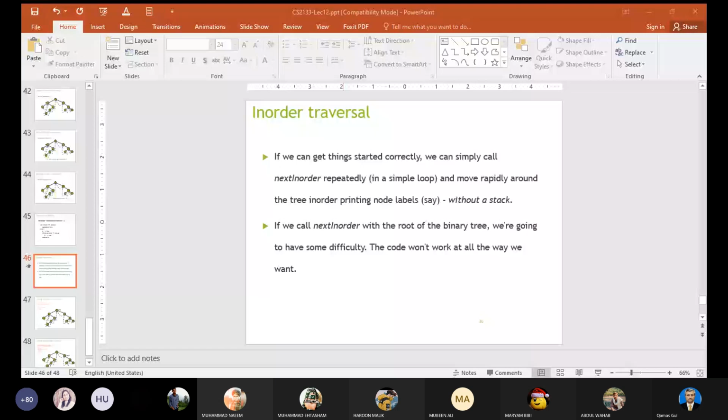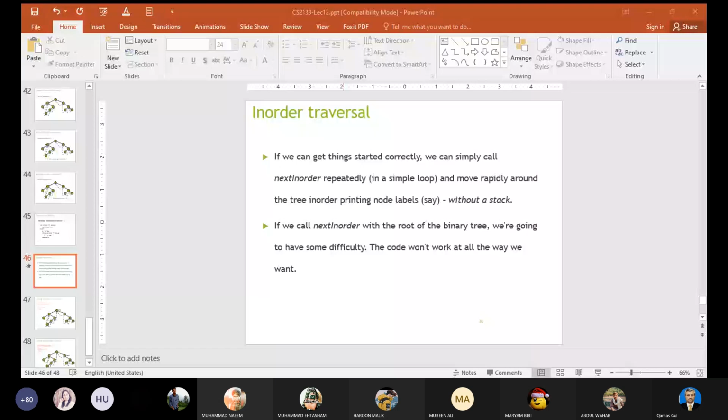Except for the root, this will work fine. However, if we provide the root node as the initial node and start this next in order routine from that root node, then there will be some difficulty. And normally we always start from the root node. So we need a solution for this problem as well.